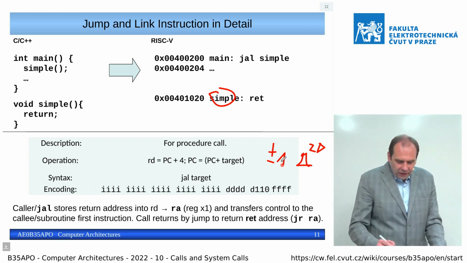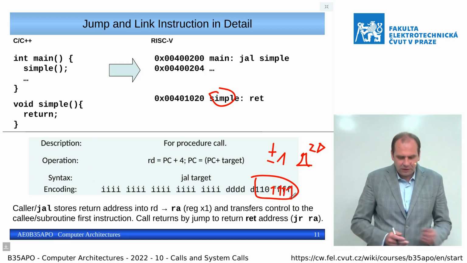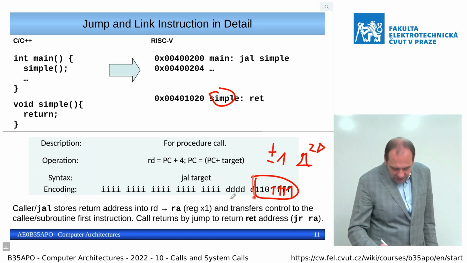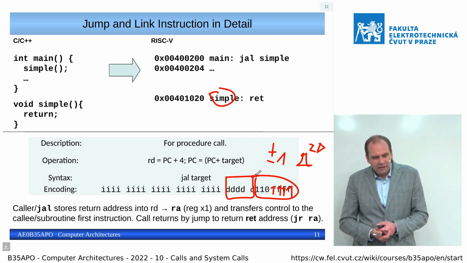So the actual instruction is encoded this way. It should not be FF, but it should be 111. I have some mistakes there. So it is the binary encoding. Then there are 5 bits for the destination register.